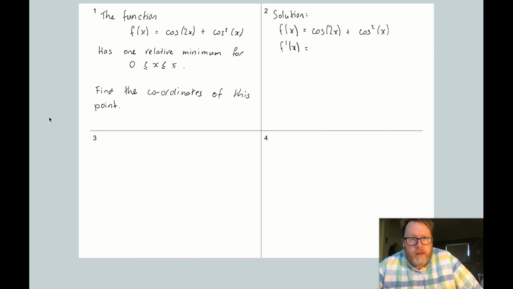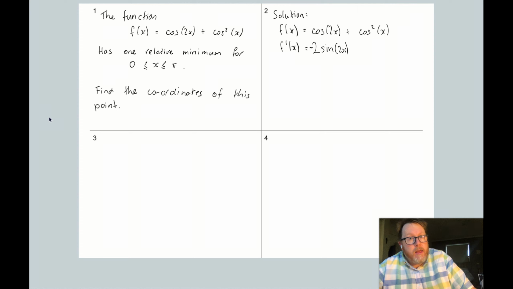As a result, we need to make sure that we are finding the derivative of the inside part, and then we look at the derivative of cosine. The derivative of 2x is 2. And the derivative of cosine is negative sine. So I need to put a negative outside and then sine, and we leave the 2x there.